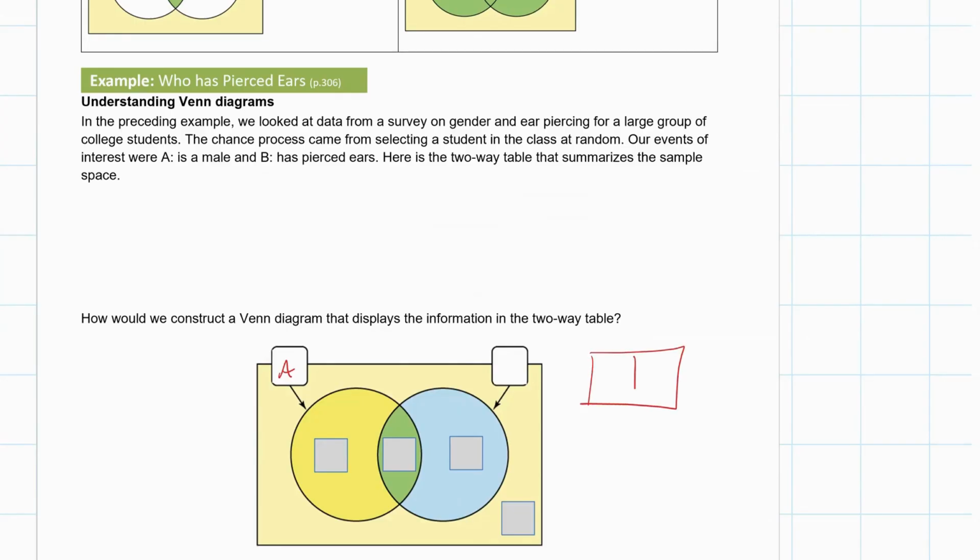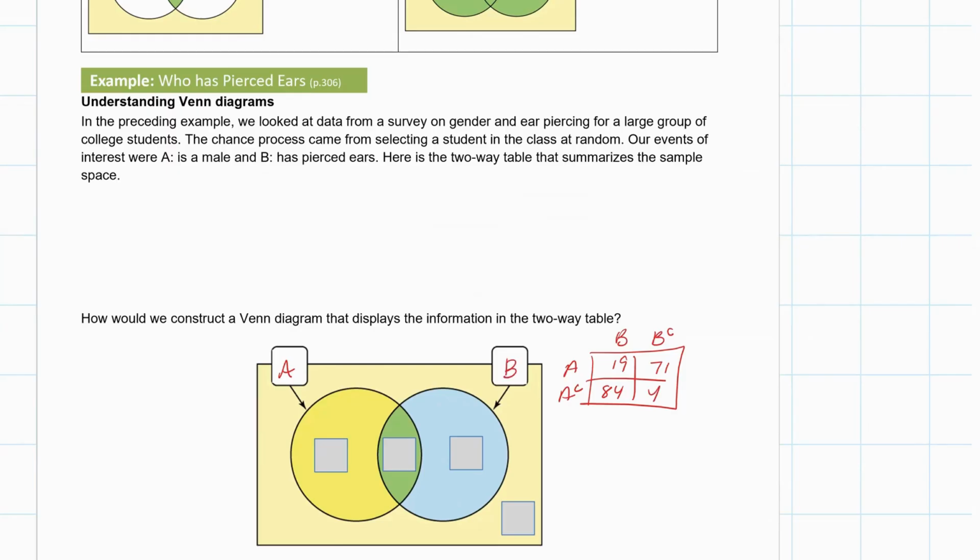Here's A, not A for the males. Here's B and not B. A complement with 1984, and here's B and B complement with 71 and 4.